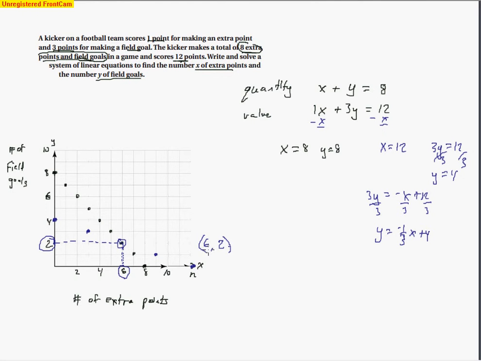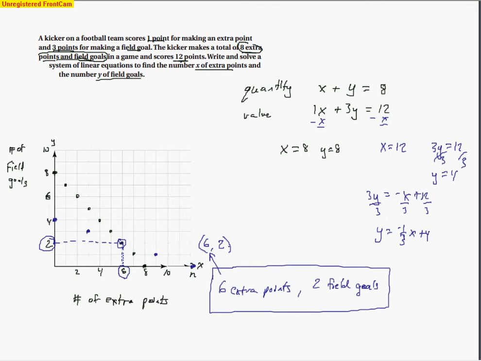Well, 6 means something now. So 6 means that I had 6 extra points, and the 2 represents that I had 2 field goals. And that will make it so I have a solution for the system, and that's what I ended up coming up with. That is my solution.